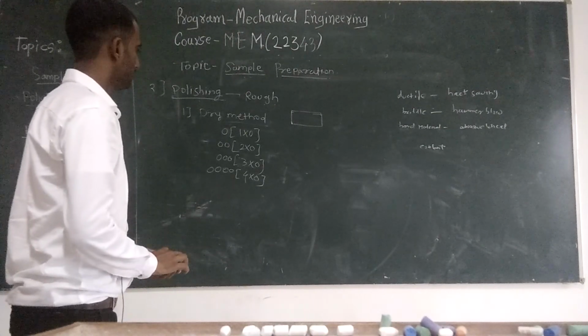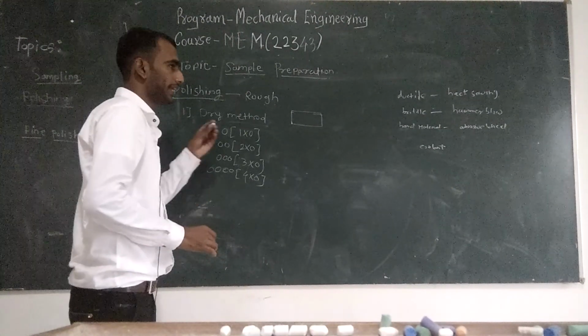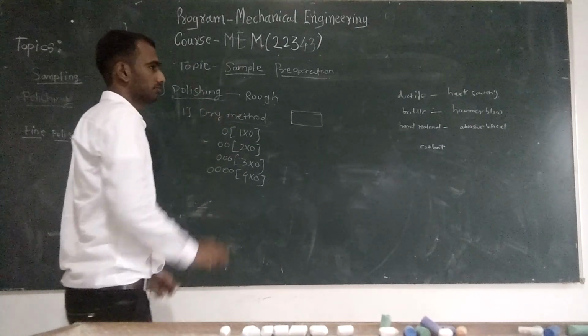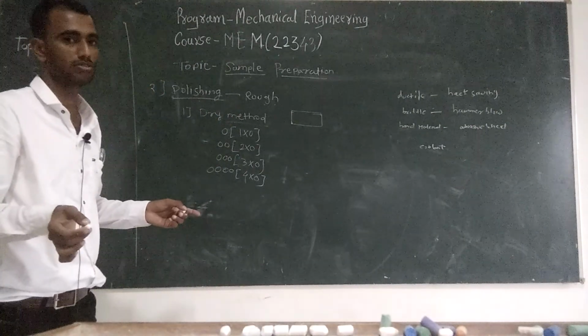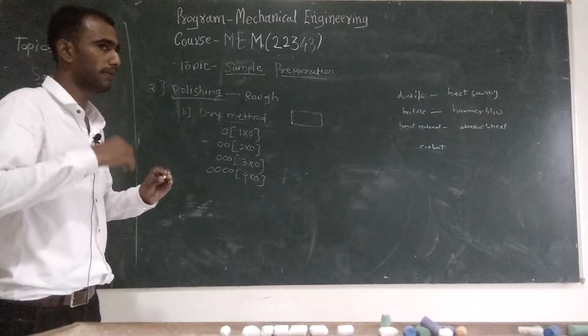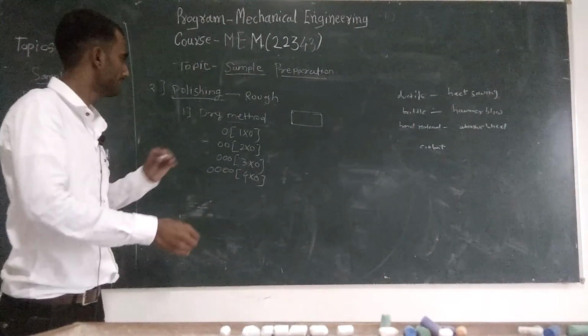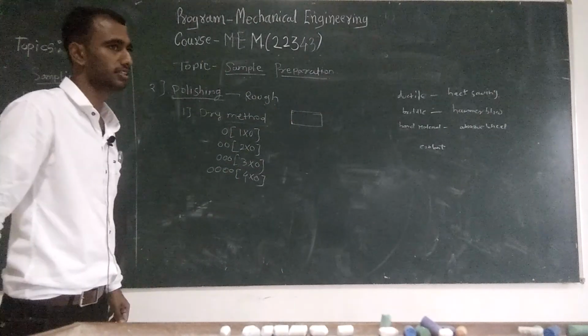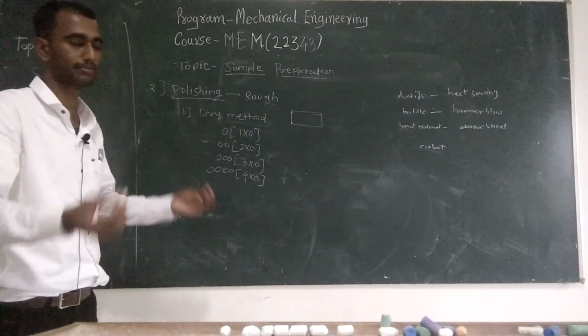Now, in the dry method, while carrying out polishing, excessive pressure should not be applied. If we apply excessive pressure on the surface of the specimen, there may be a chance of creating heat.